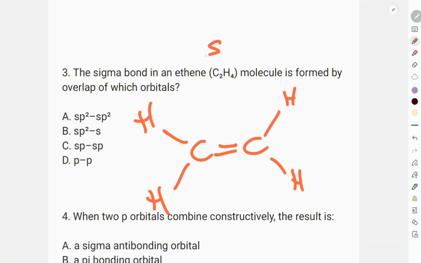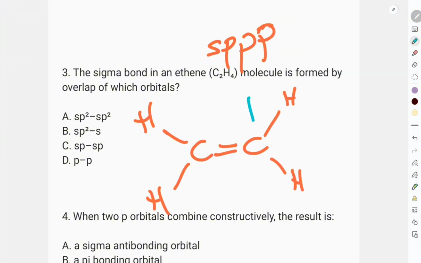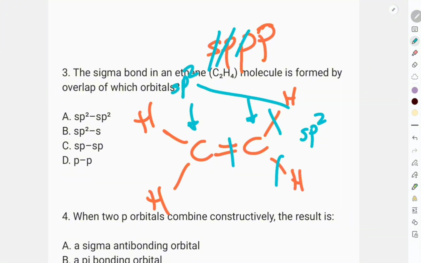I'm going to put down 1 S letter and 3 P letters and count what are the areas of electron density. I have, for this carbon, 1, 2, 3, which would make it sp2 hybridized. And this one will be sp2 hybridized as well. Now, they are formed by the overlap of these two, which would make it A.